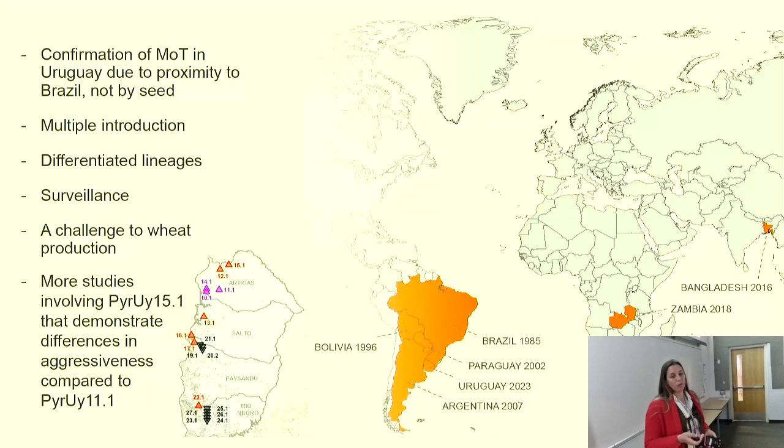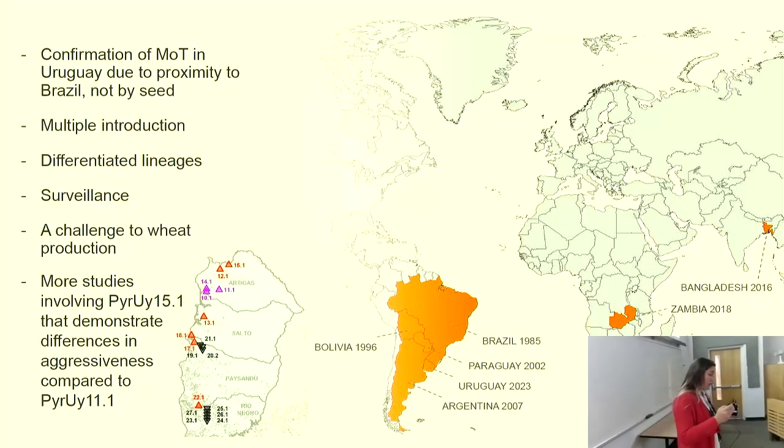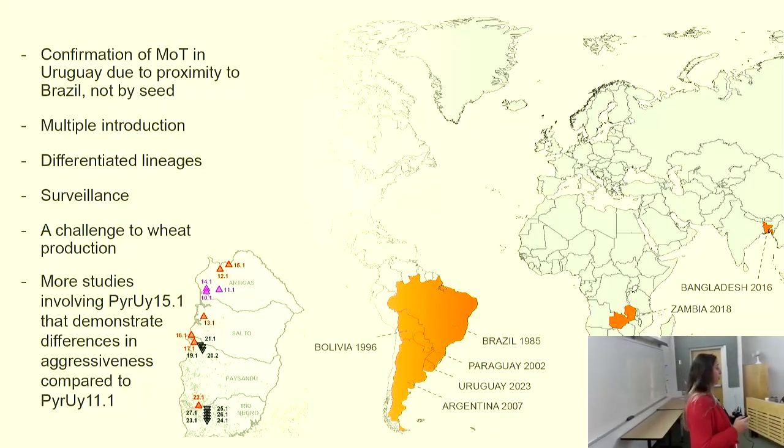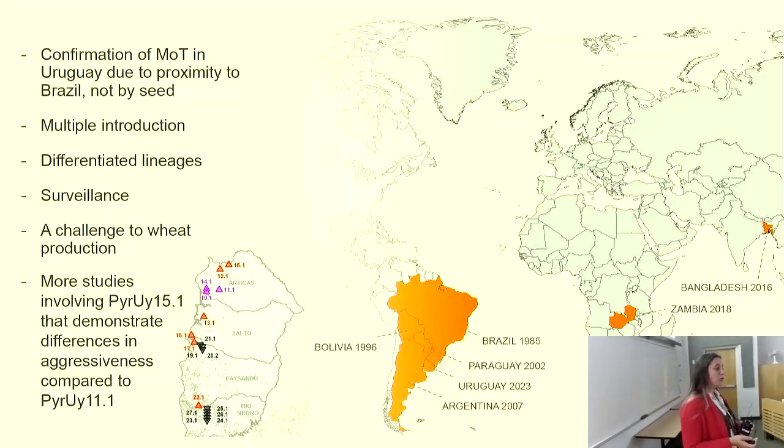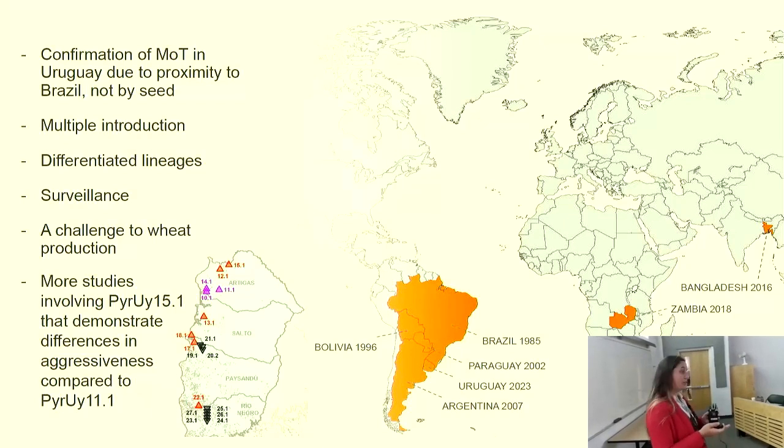And of course, all of this shows us how important it is to do surveillance, right? And how this disease will become a real challenge to wheat production. So we really hope that this disease is not adapting to cooler conditions, but that already happened with stripe rust, right? So we need to try to keep it in the tropics.